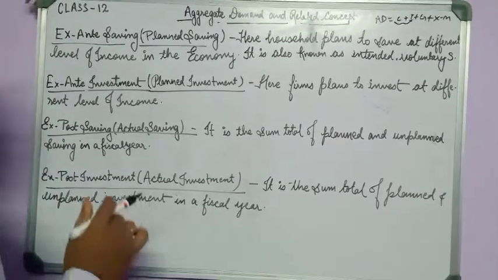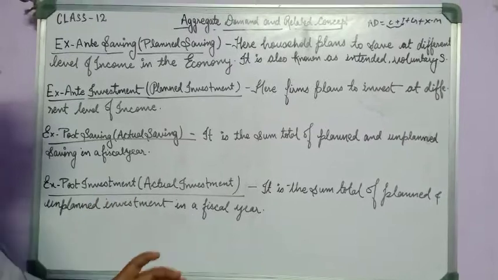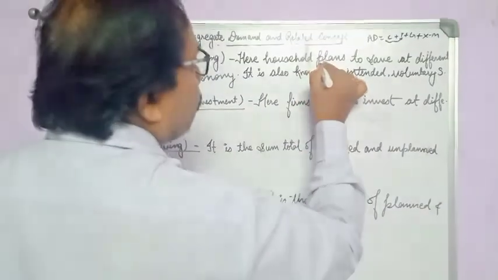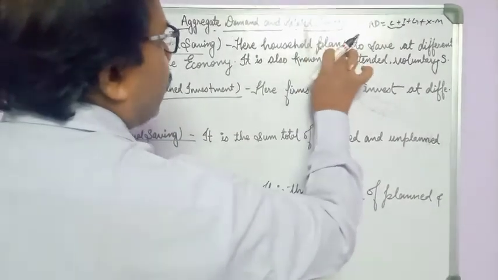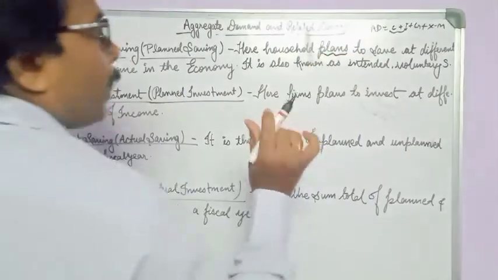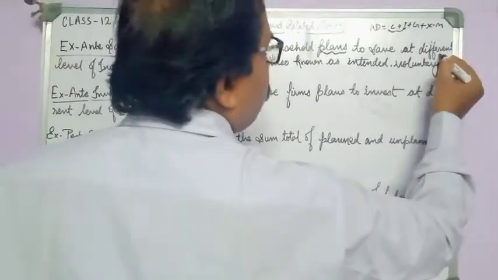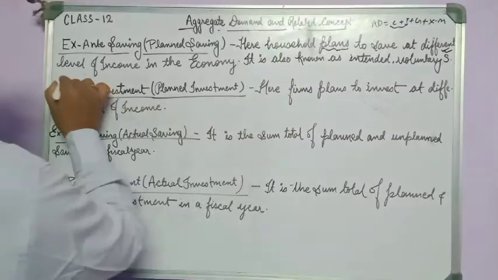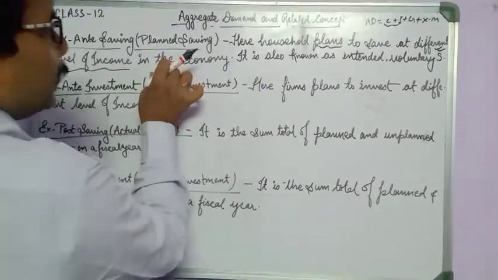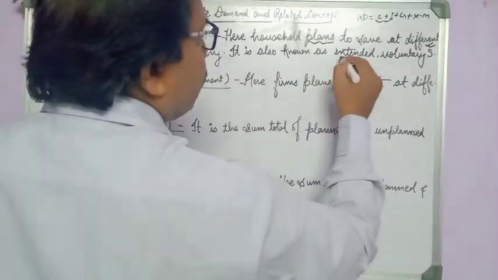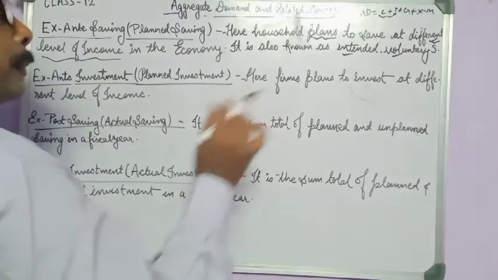Clear? So after the consumption, they do not save. First of all, you will always keep it in your mind, that is the plans. They plan to save their money at different levels of income in the economy, this is the most important term. And that's why it is also known as intended saving, voluntary saving, okay, and planned saving.